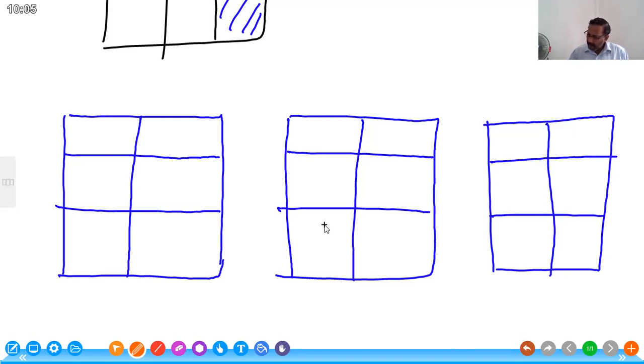Is it clear? The design used was split plot design with 3 blocks.